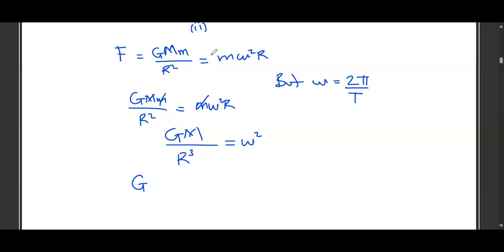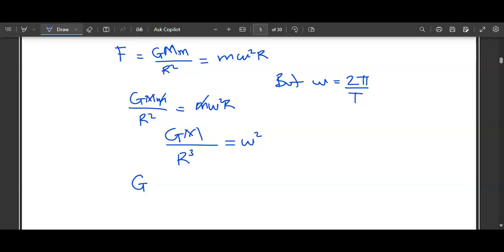GMm divided by r squared is equal to m omega squared times r, whereby r here is the radius of the orbit of the planet and the given satellite. Small m stands for the mass of the satellite, capital M stands for the mass of the planet, G is the gravitational constant, and omega is the angular velocity.